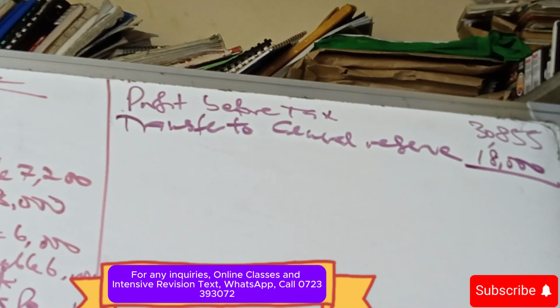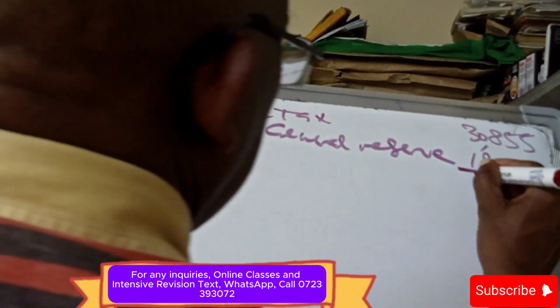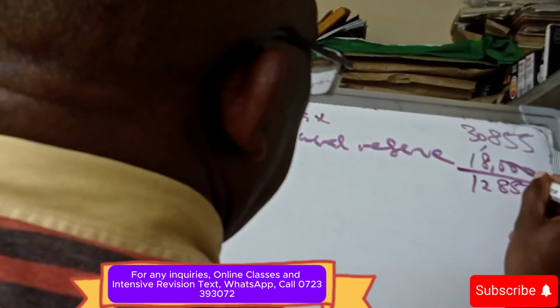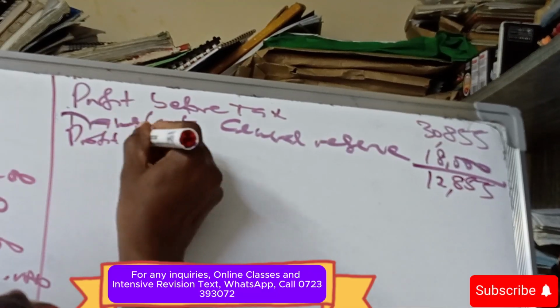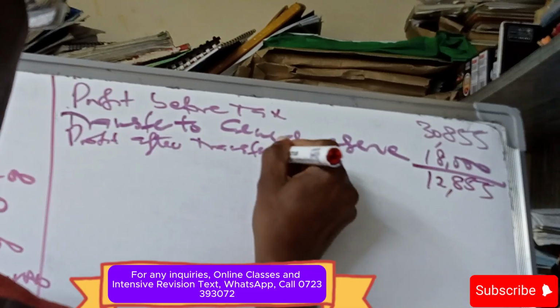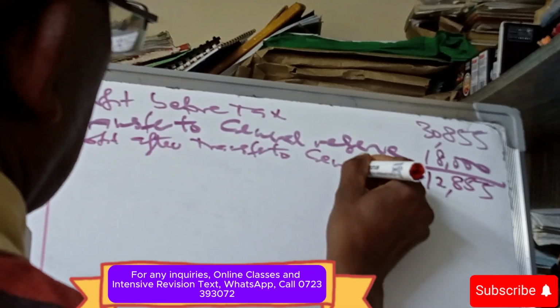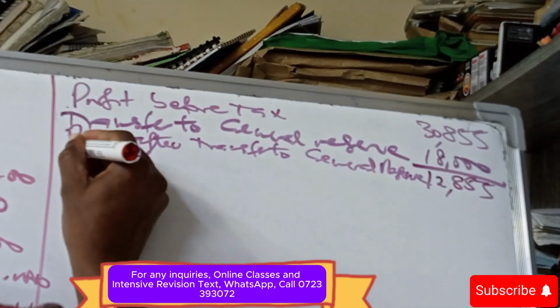We get a figure of 12,855. It is profit after transfer to general reserve.